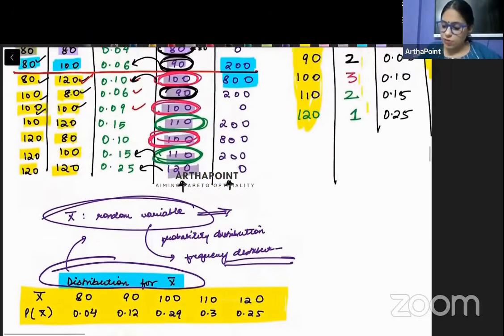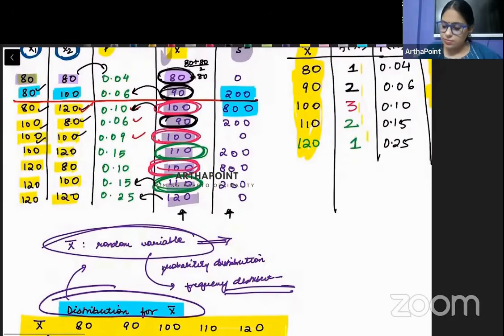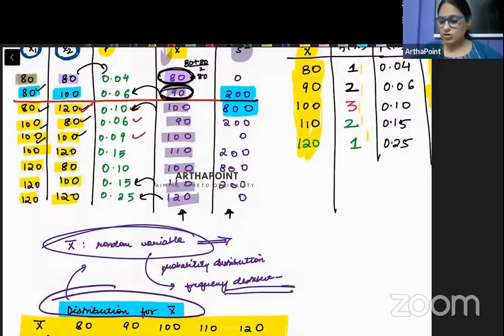So look at 100. Here is what the issue is. Note that for 100, we have jotted a wrong probability by multiplying.